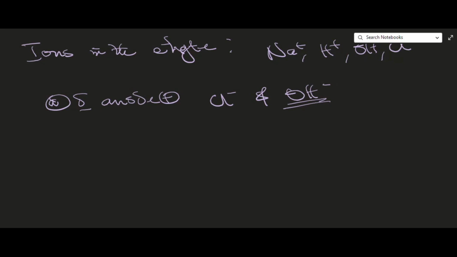Don't forget that. So how do we write the equation for the discharge of OH minus? Whenever OH minus gets discharged, it will give you oxygen as the product at the anode.